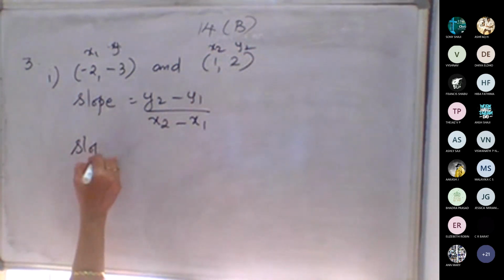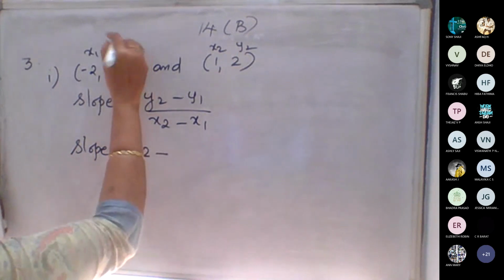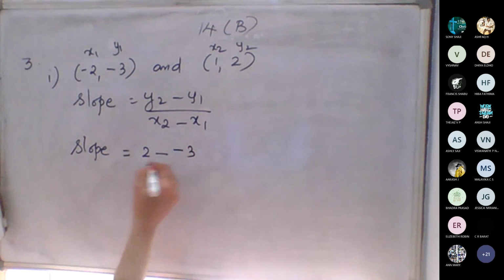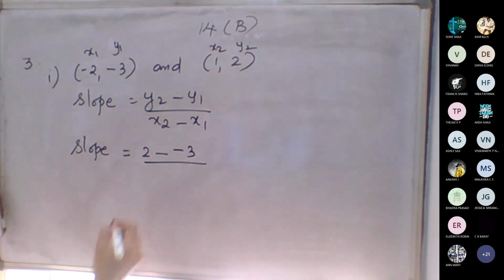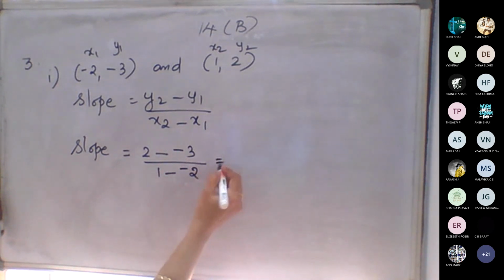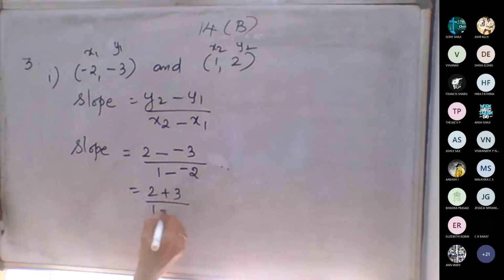So slope is equal to y2 minus y1, 2 minus -3, divided by x2 1 minus x1 -2, which is equal to 2 plus 3 divided by 1 plus 2.